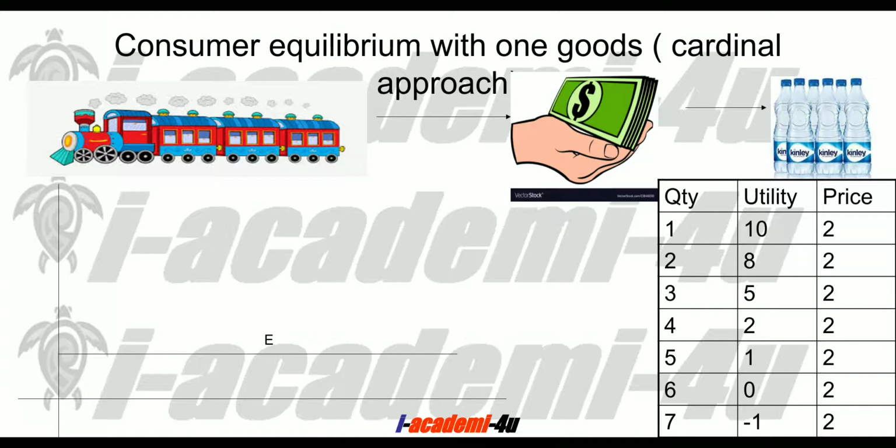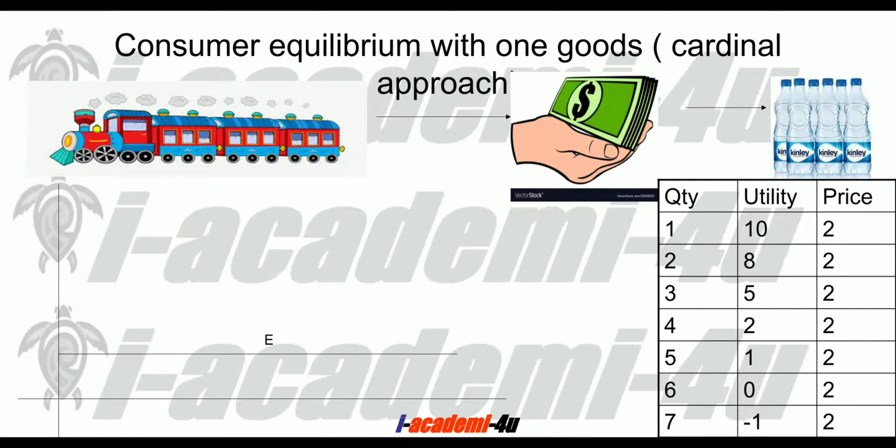Because you desperately need it, there's no water nearby, and this is the first thing you need. Here the power of the seller is more, and he can dictate the terms. If he says I'll be selling at 10 rupees, you'll be ready to pay that. So you're ready to pay $10.